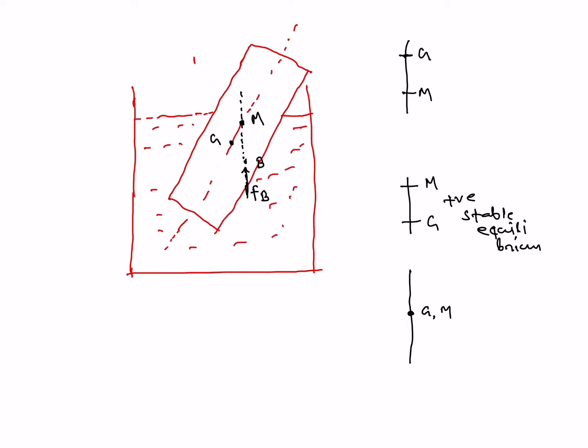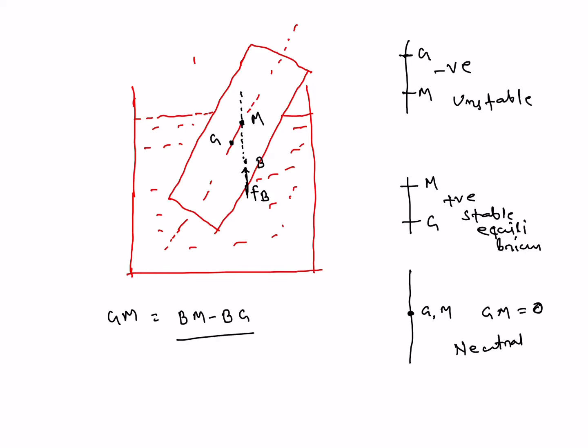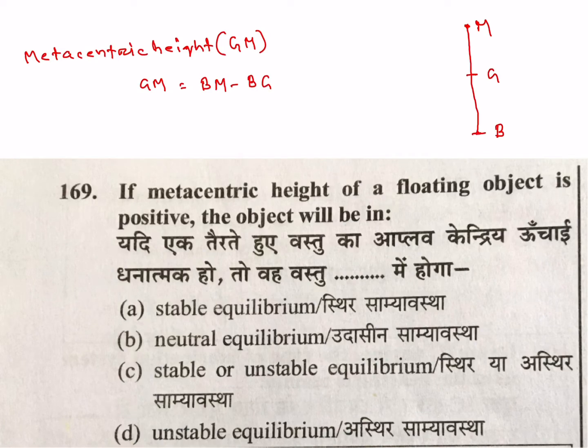G is above M, you will get negative, unstable equilibrium. Then neutral equilibrium, GM or metacentric height will come 0, neutral equilibrium. Already discussed, GM equal to BM minus BG. So it's a positive case. Metacentric height of the floating object is positive, so M is above G. It's stable equilibrium.